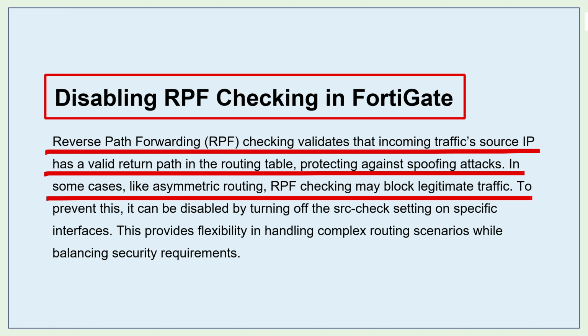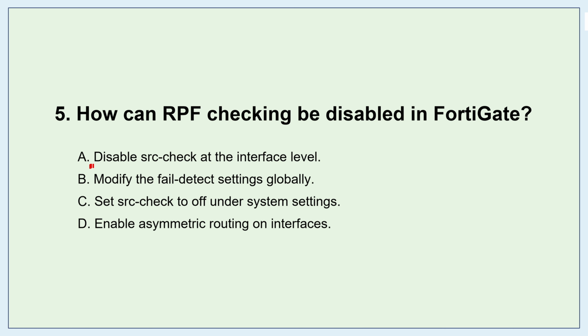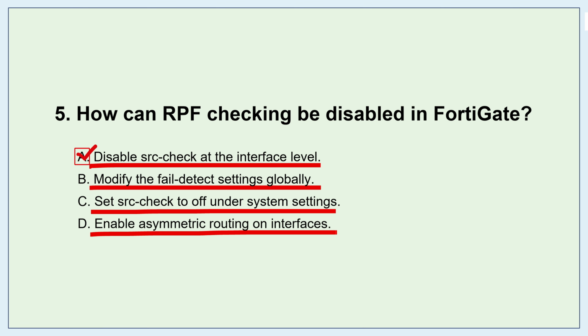You can turn it off by disabling SRC check on the interface. Correct. Disabling SRC check at the interface level turns off RPF checking. Incorrect. These settings do not directly control RPF checking.